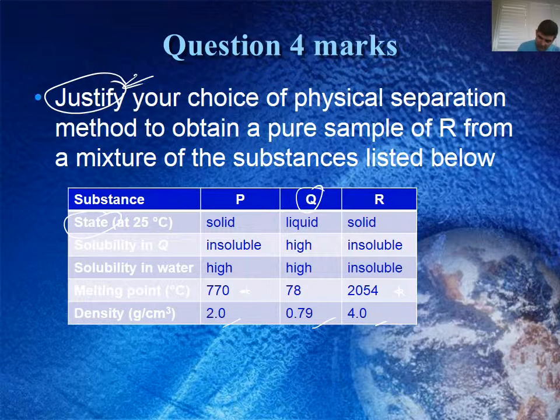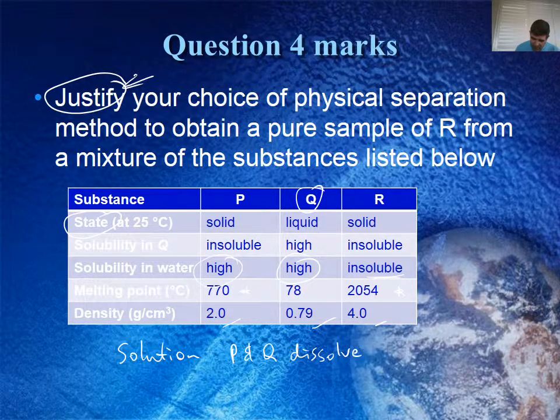But the solubility of both P and Q is high in water, whereas R is insoluble. So if we were to make a solution by adding water to this mixture, P and Q would dissolve, but R would not. R is insoluble.